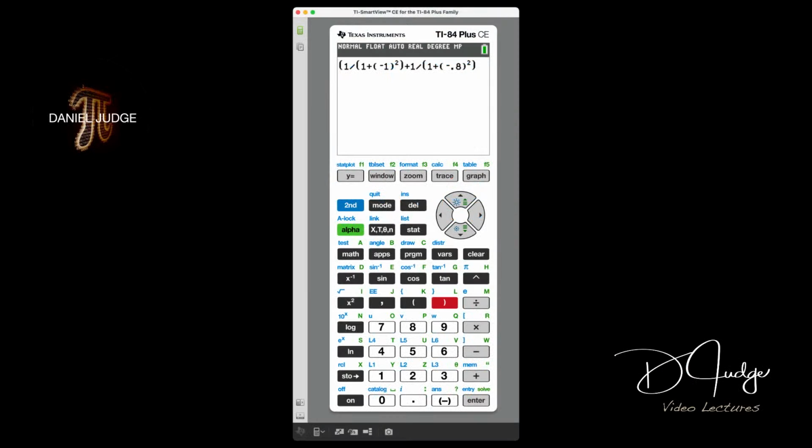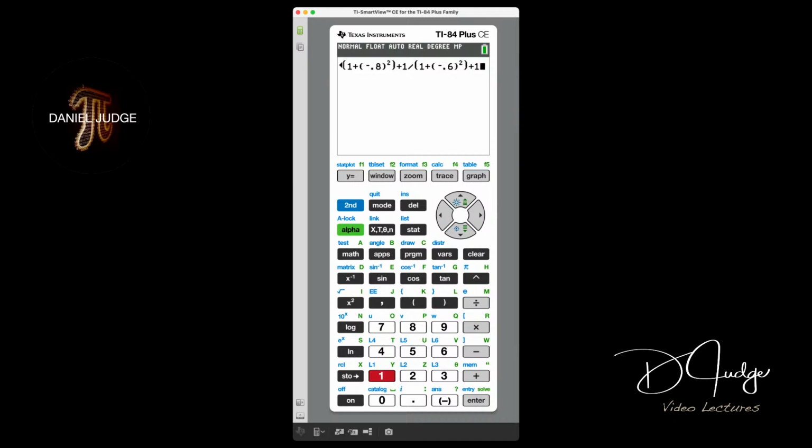So let's continue to do this pattern here. Okay. Plus 1 divided by, open that parentheses, 1 plus parentheses, -0.6. Close that, square it. Close it again.